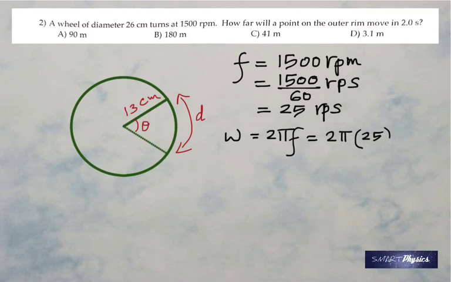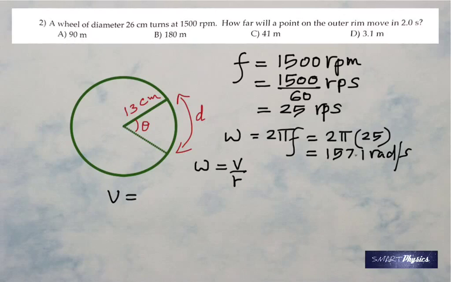So that gives 2 pi times the frequency 25, 157.1 radian per second.